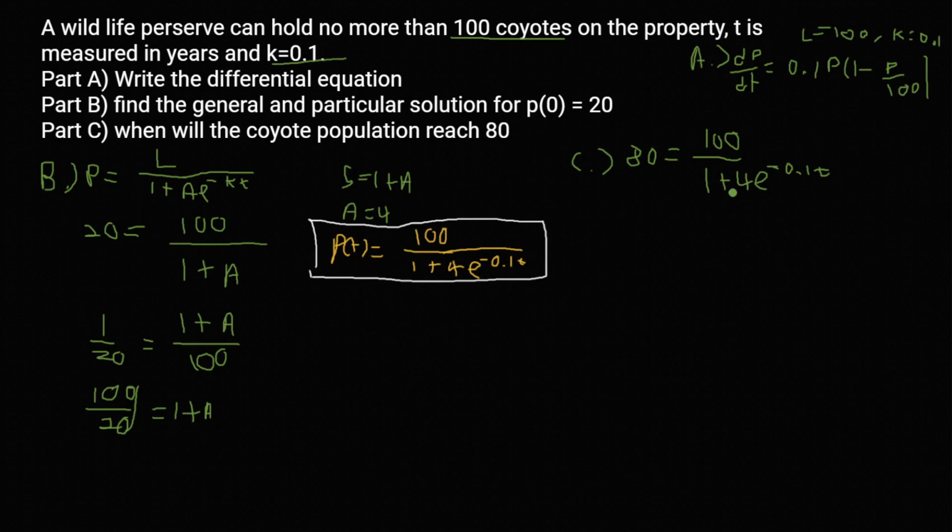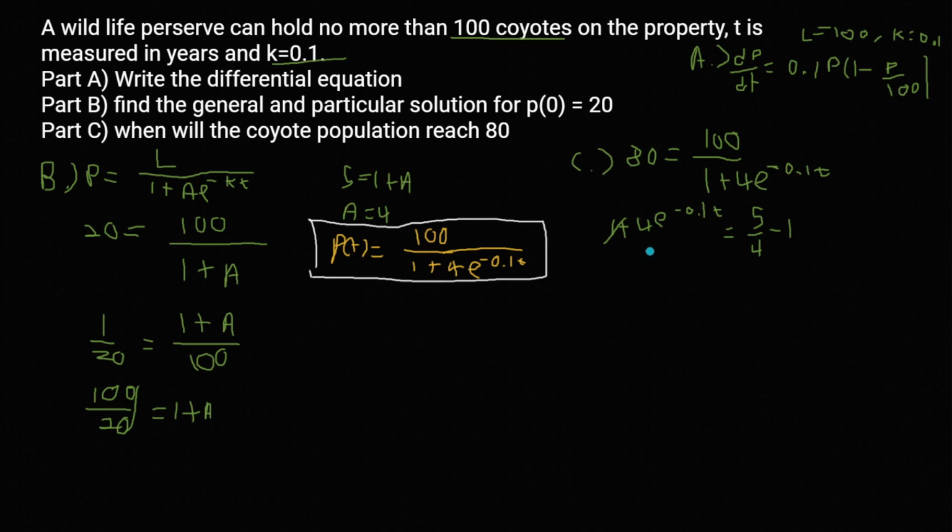So we're going to multiply both sides by the entire denominator. And then I'm going to also divide by 80. So now we have 1 plus 4 e to the negative 0.1 t is equal to 100 over 80 is 10 over 8, which is 5 by 4. And then we're going to also subtract 1 to get rid of that 1.